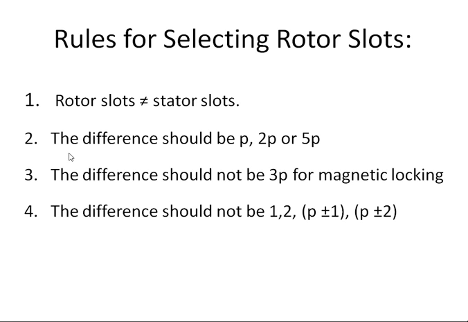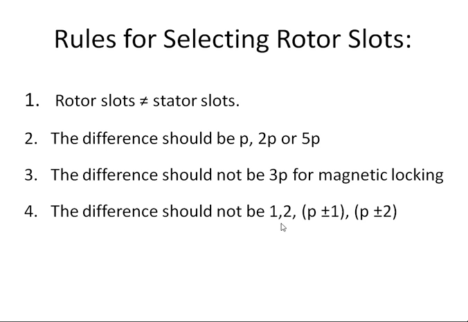Similarly, the difference between the number of stator slots and rotor slots should not be P, 2P or 5P. The difference should definitely not be 3P for the magnetic locking. To reduce the effect of magnetic locking, again we do not want the difference to be 3P.